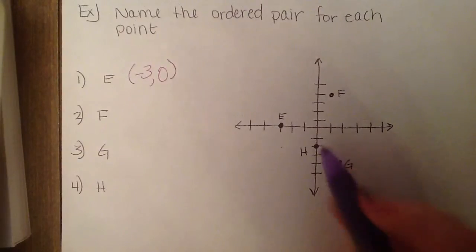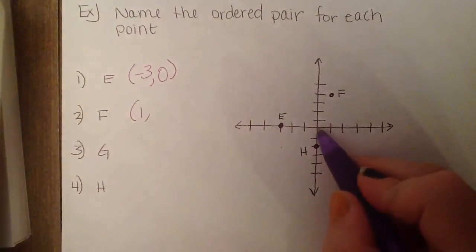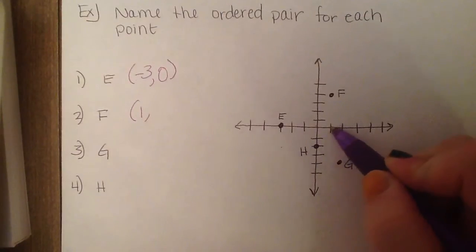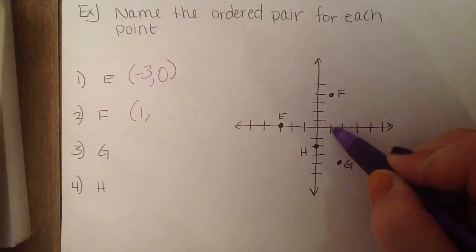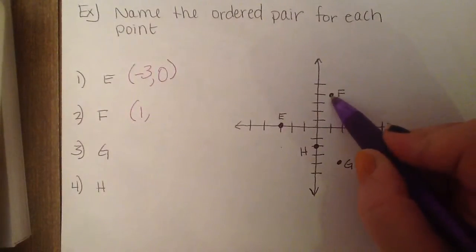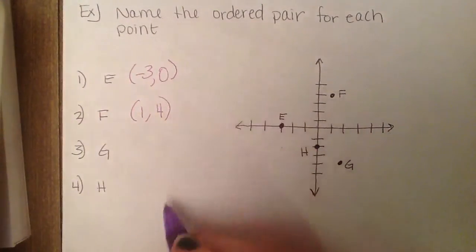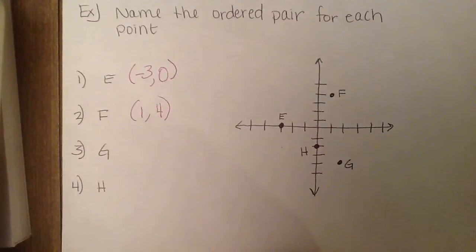Since we move to the right, it is a +1. Now, do we move up or do we move down? We move up. We move up 1, 2, 3, 4 spots. Since we move up, it is a +4.